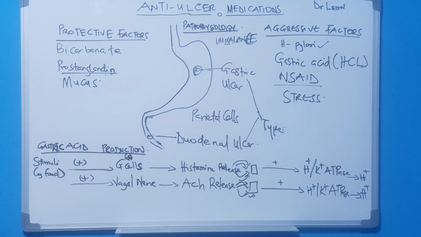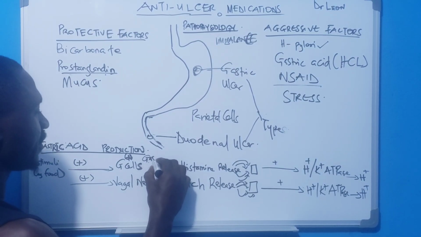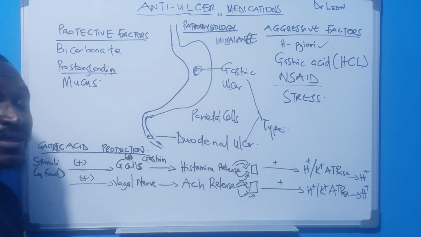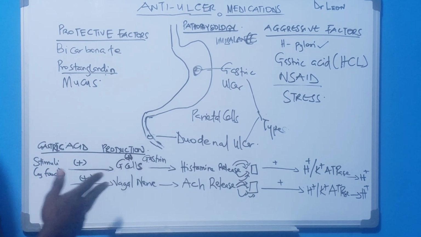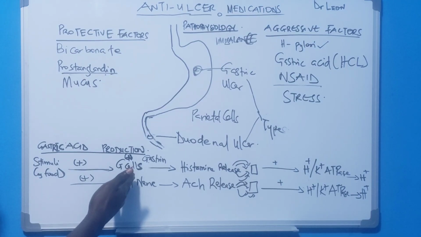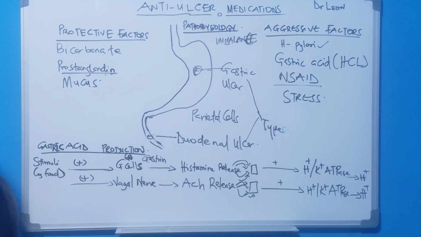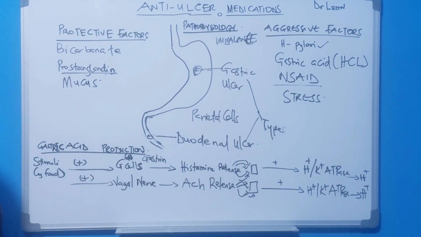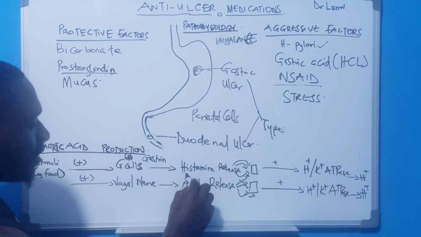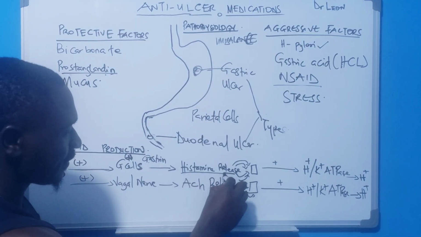And then these cells, when they are stimulated, they release a hormone, and the name of the hormone is gastrin. So G cells produce gastrin. It's very simple. And when the hormone is produced, it binds to its receptors in the stomach, and that leads to the release of histamine.